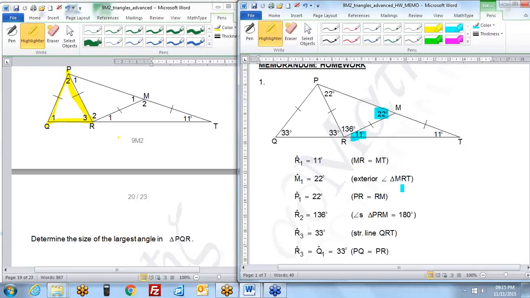Exterior angle of triangle MRT. Then you do angle P1, which is that one over there, which will be also 22 degrees because PR equals RM.